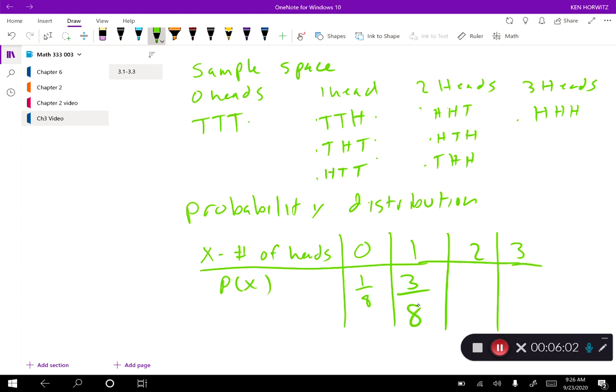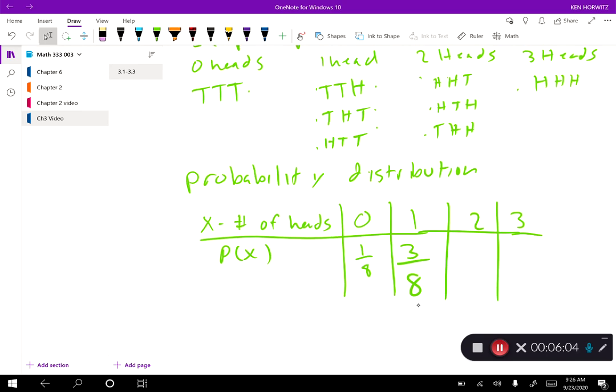For 2 heads, again, would be 3 out of 8. And for 3 heads would be 1 out of 8.